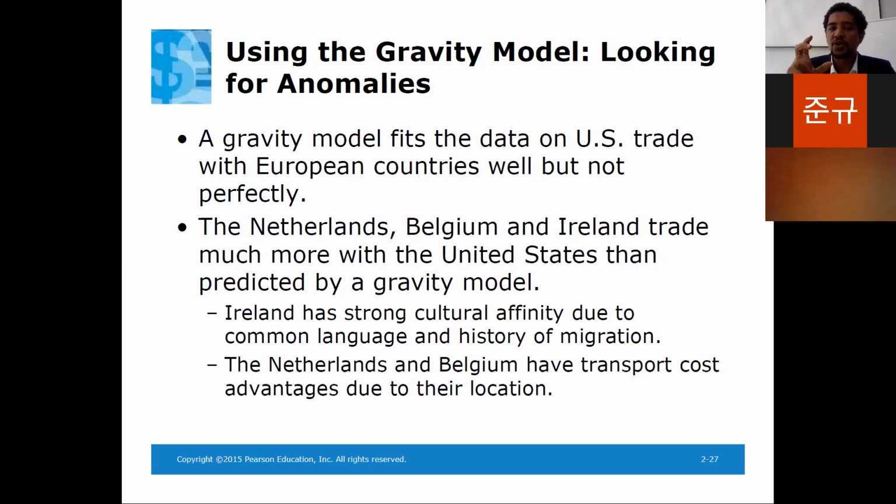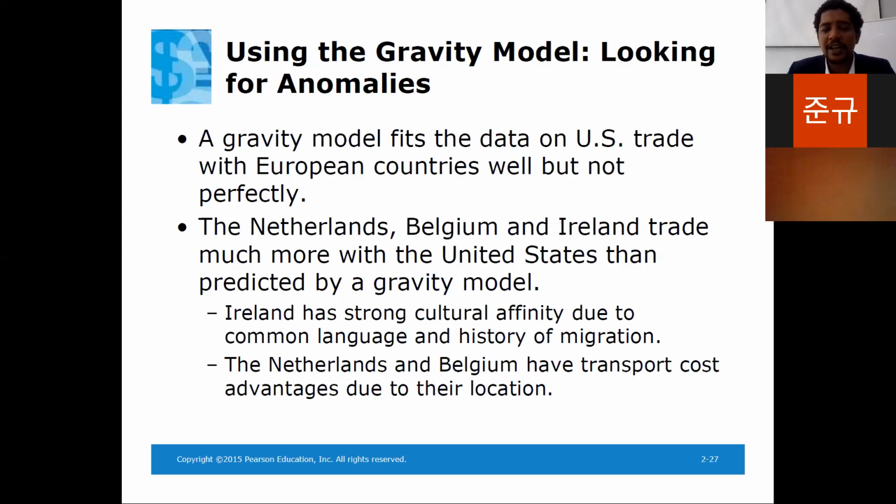So there is a strong cultural relationship between Ireland and the US. Due to common language and history of migration, Ireland and the US have more trade value than expected. So it's not only the distance or the economy that determines trade, but cultural affinity between countries might also affect international trade, right?